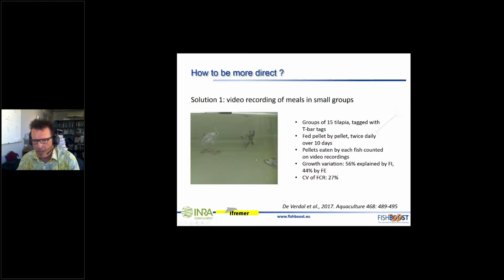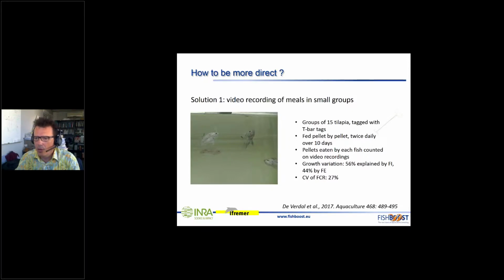The fish are tagged with external color tags that allow us to recognize them. There are small groups of 15 fish, and twice daily they are fed pellet by pellet over 10 days. And this is recorded by video, and then the pellets are counted afterwards on the video recordings.